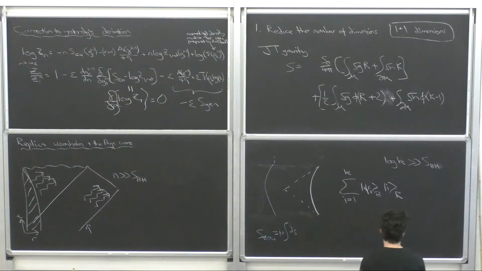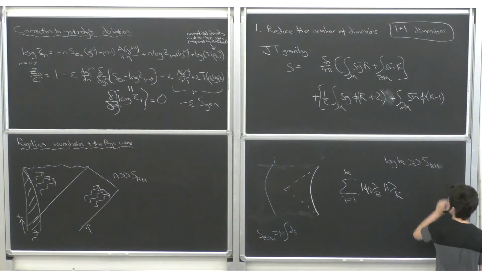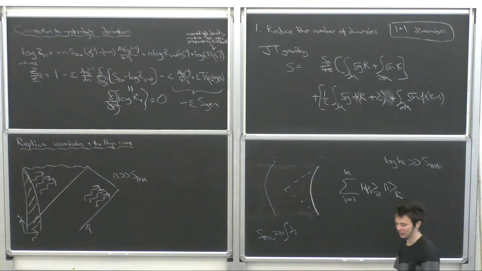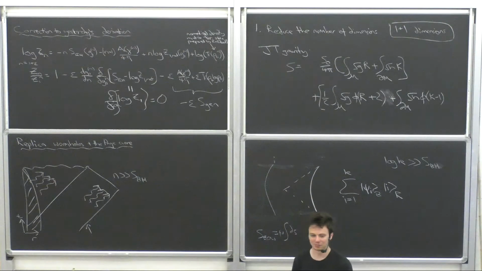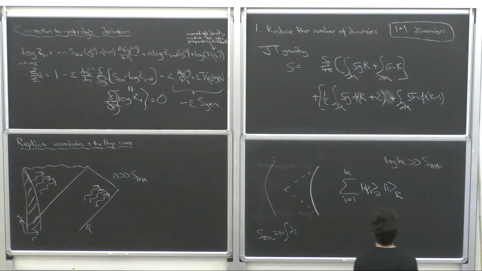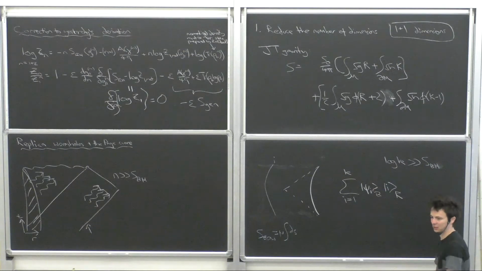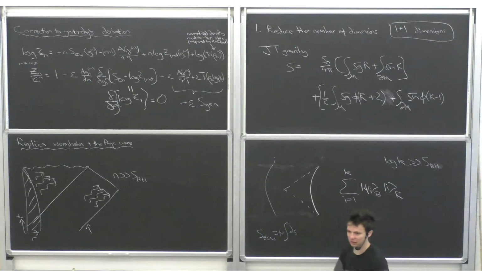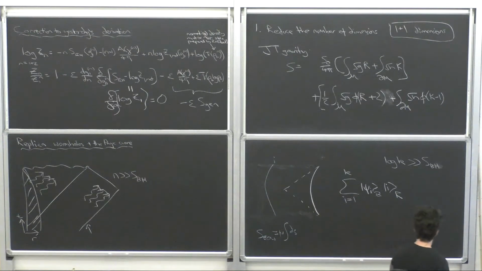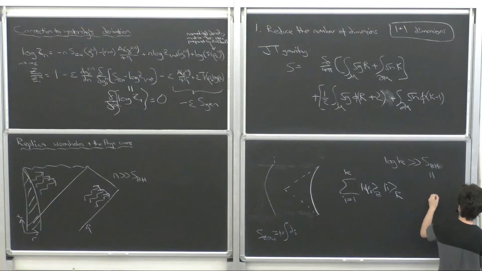Okay, so one thing I should say is what is the Bekenstein-Hawking entropy in JT gravity, because it should be area over 4G. But what is area here? Well, I said before that the role of area is played by this dilaton phi, right? That's the area of the transverse sphere, which would be the horizon area. So indeed, you can calculate that this is exactly 2 pi times the dilaton.